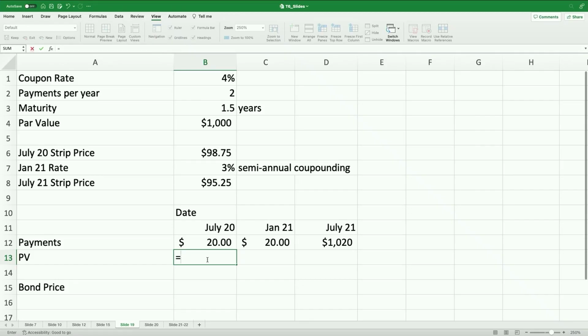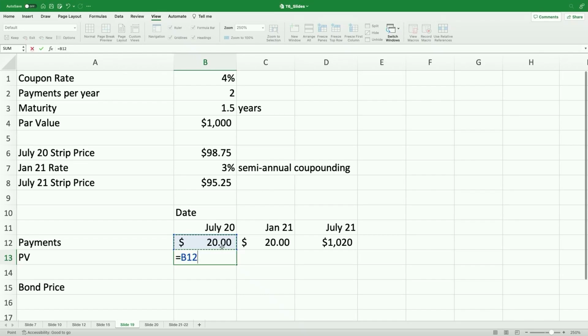And what are we going to use to get the present value of each of the components? Consistent with our glass board work earlier, we're going to use the treasury strip information. So let's take the first coupon payment of $20. What is its present value? Well, this arrives in July 2020, so we can use the strip price for July 2020 of $98.75. $98.75 means for every $100 of strip face value, it costs $98.75 today.